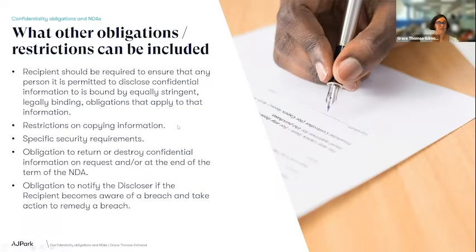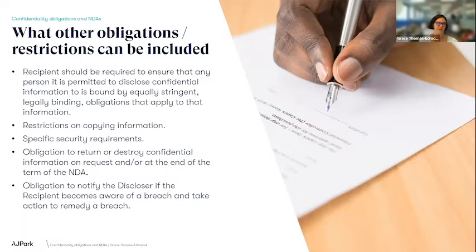Sometimes you see restrictions on copying information. It's not always very practical. Some NDAs say you can't copy the information at all, which I've always thought is a bit impractical, especially if, say, I get an email with some confidential information in it and then I save that into my document management system. Well, technically I've copied that information.